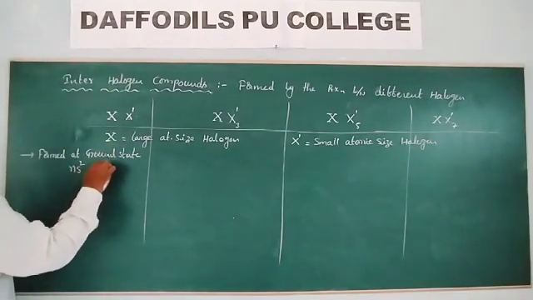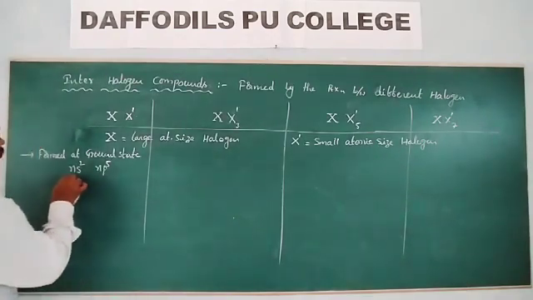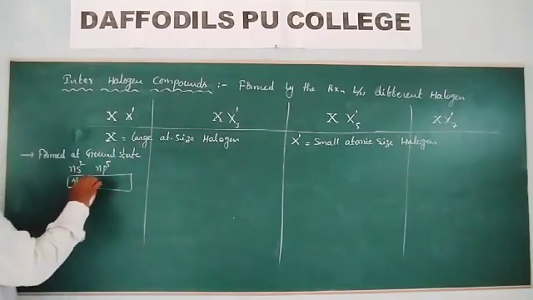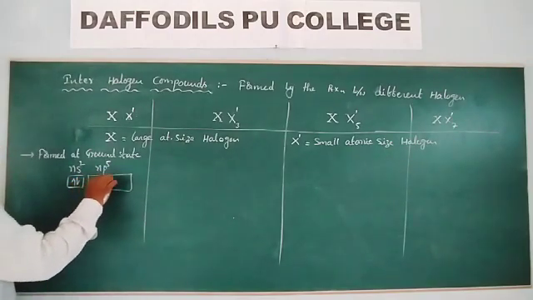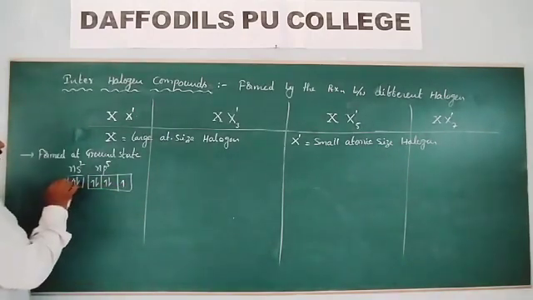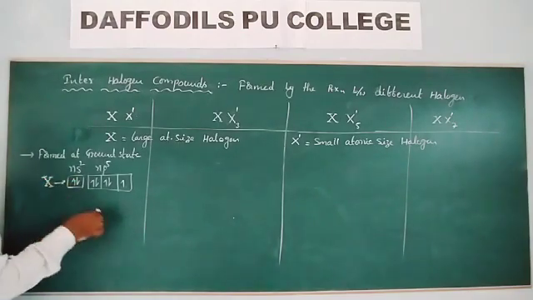ns2 np5. So this is the orbital representation. How many unpaired electrons are there? Only one unpaired electron is there. This is the X atom.